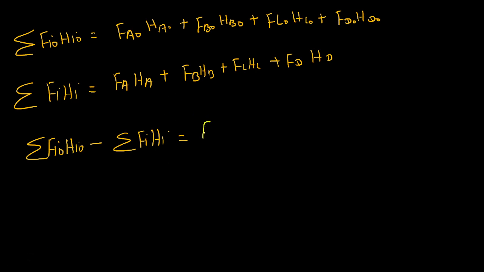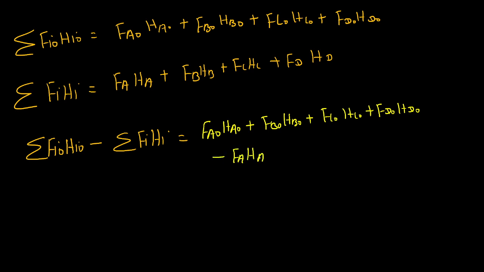That is equals to Fa naught Ha naught plus Fb naught Hb naught plus Fc naught Hc naught plus Fd naught Hd naught minus FaHa minus FbHb minus FcHc minus FdHd, right?